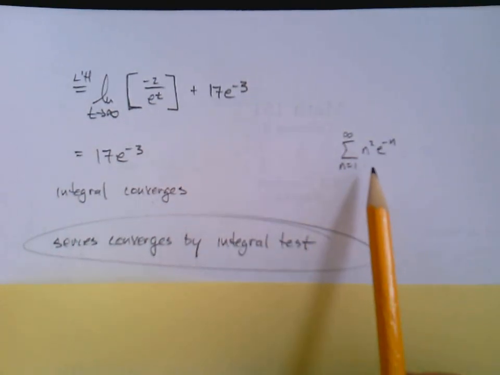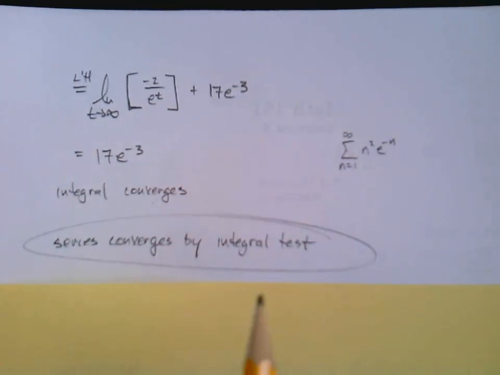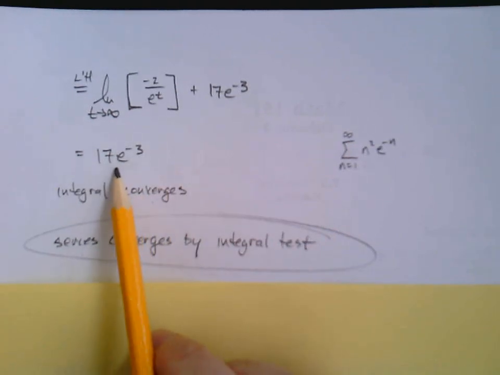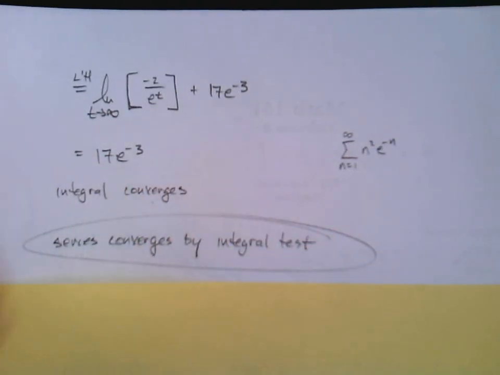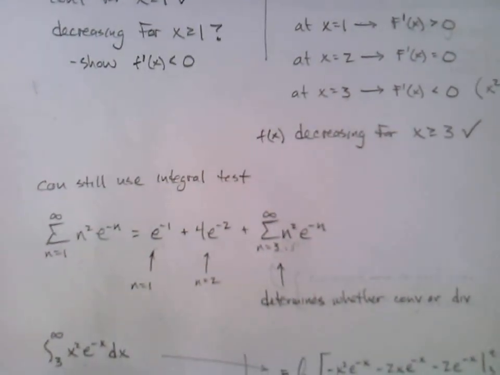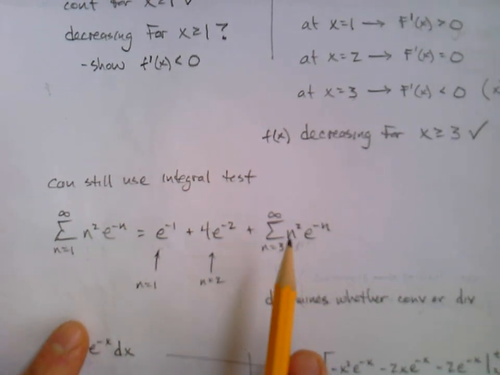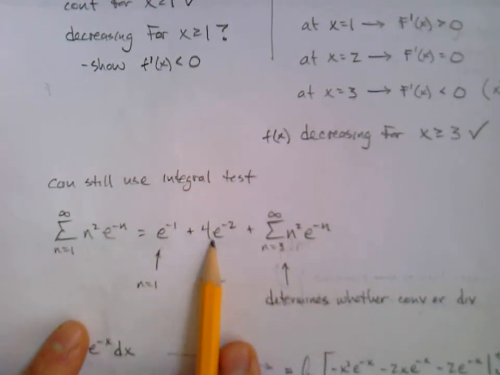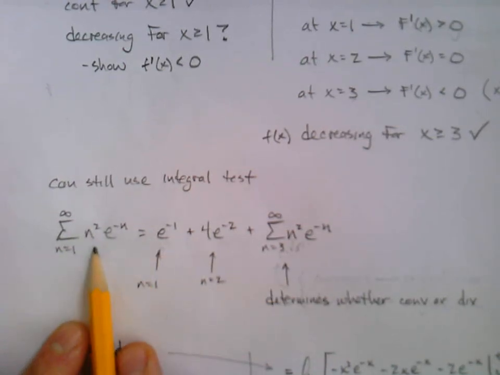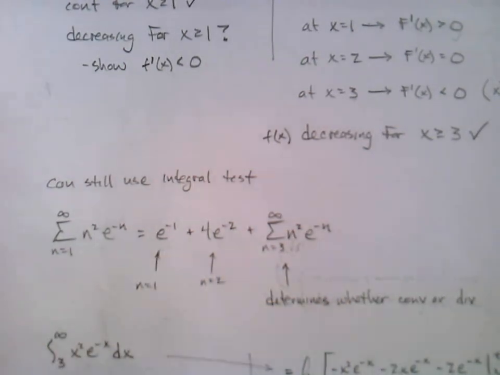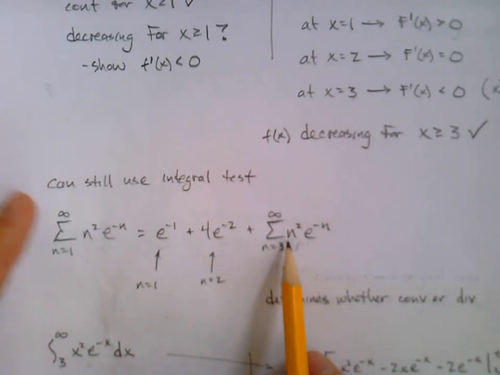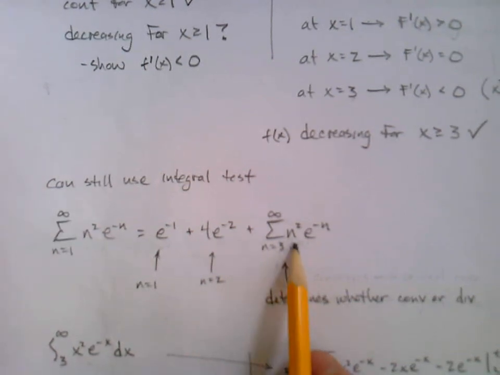Now, some people might say, mistakenly, this is the answer to the integral, and before we said this, so shouldn't we just put the 17 e to the negative 3 here and then add those two numbers on and we'll know what this adds up to? No, absolutely not. We have no idea what this adds up to.